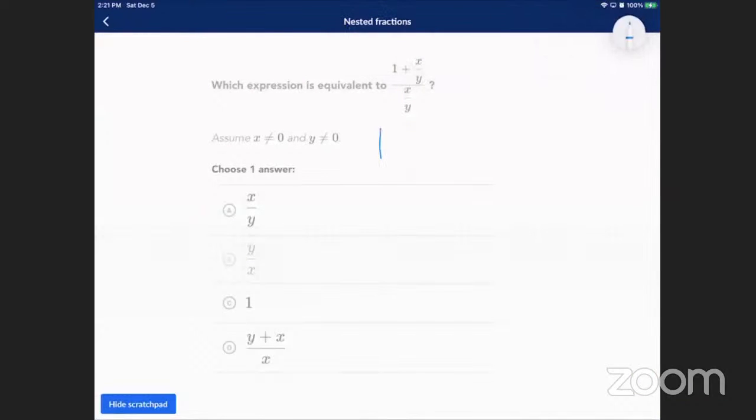We have here 1 plus xy over xy, and we have 1 plus xy, and then you have here xy. Let me see. I'm looking at this.